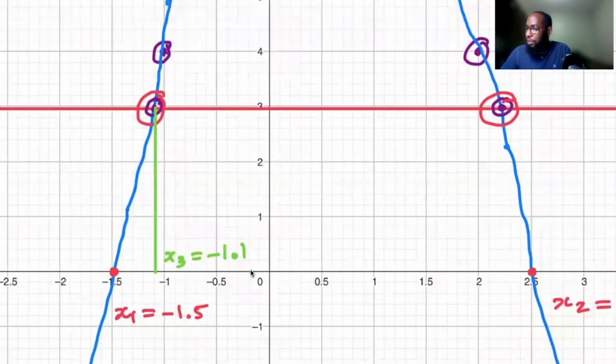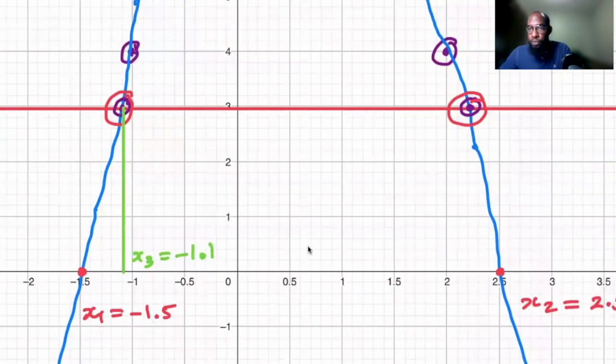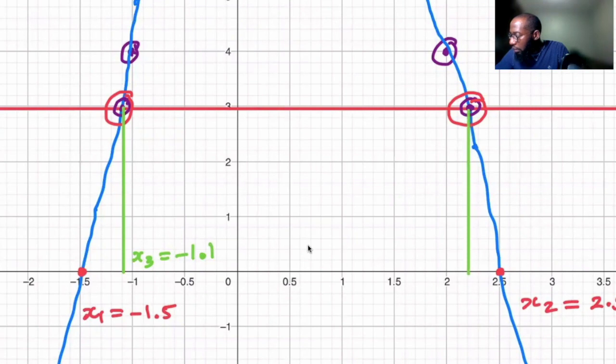And if we look at this one here, I'm going to take my line from this point and draw it straight down. This is 2.1, 2.2. So x4 is 2.2.